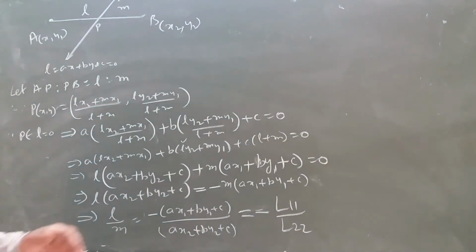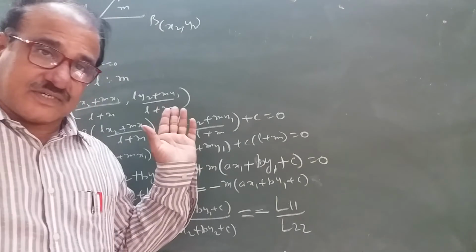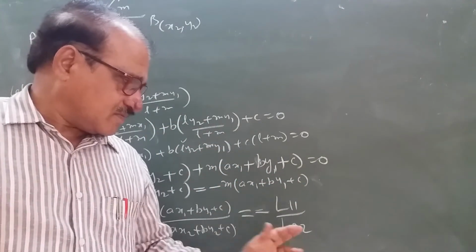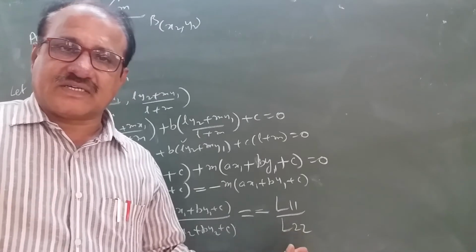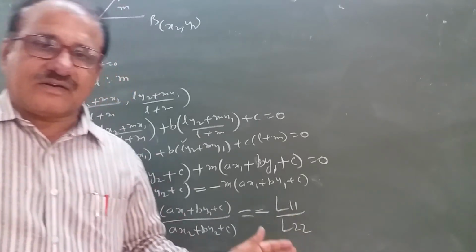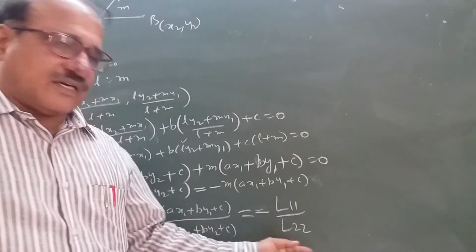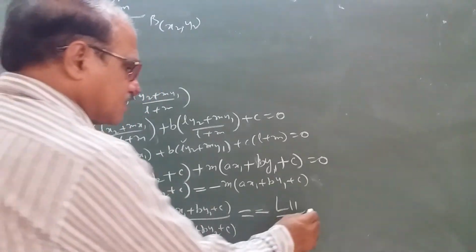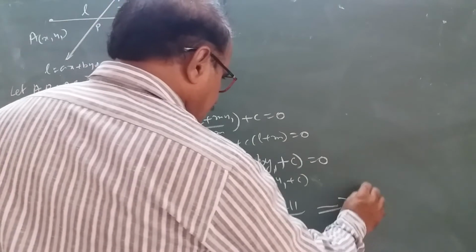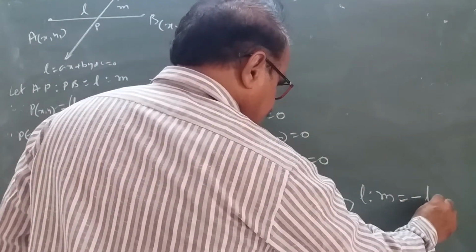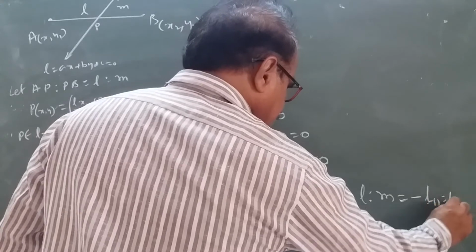L11 means instead of x we put x1 and instead of y we put y1. Similarly for L22, we substitute the values x2 and y2 instead of x and y. That implies L is to M is equal to minus of L11 is to L22.